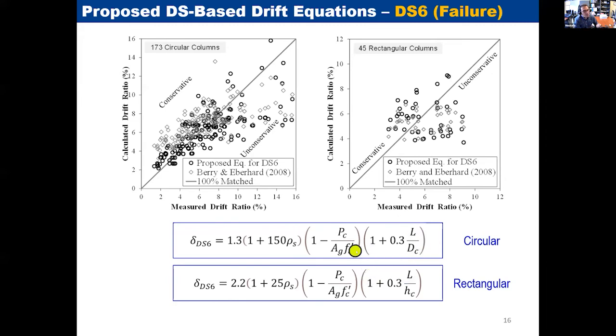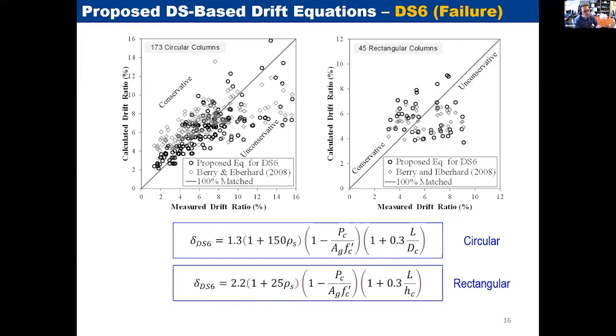Dr. Eberhard also did a similar study with a much smaller data set of 20 columns. Now we have 250 columns, so we have a bigger database to play with, but he did the same thing. We followed his equation and developed a relationship between damage state and displacement.